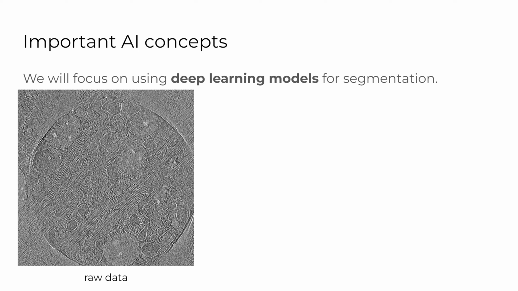Most of you would be familiar with deep learning, and the idea applied to our segmentation task is you have your raw data, your raw grayscale data, and you want to segment some parts of it. In this example, there are different parts of the cell that you might want to segment, like mitochondria, ribosomes, these tubular structures, and so on.